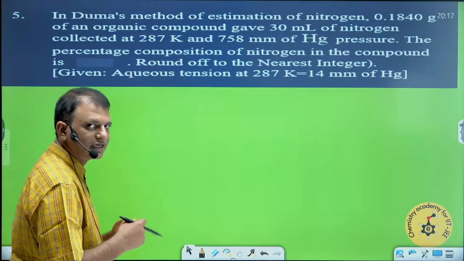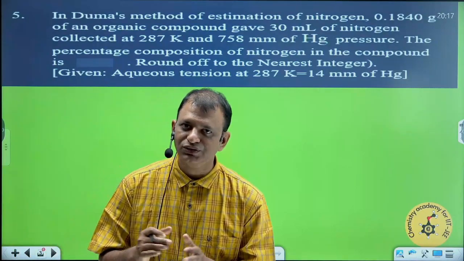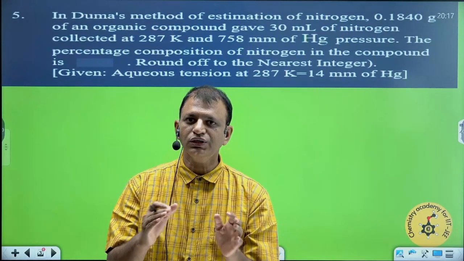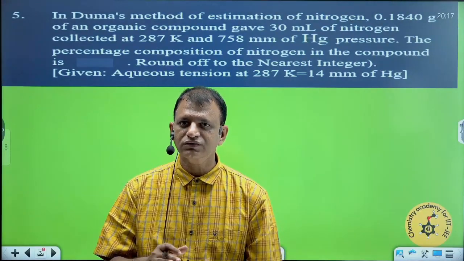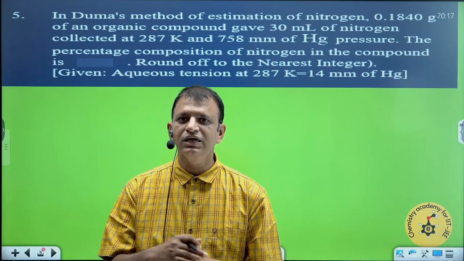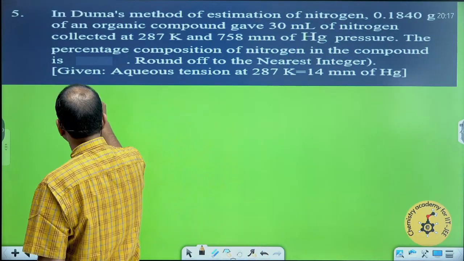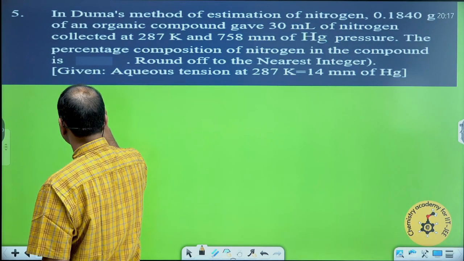So we know that in Dumas method we collect nitrogen gas coming from the organic compound over water. So the total pressure over water is the vapor pressure of water plus the pressure of nitrogen gas.